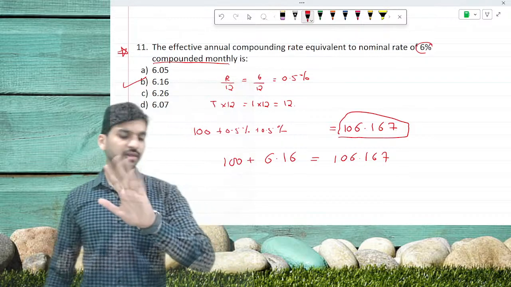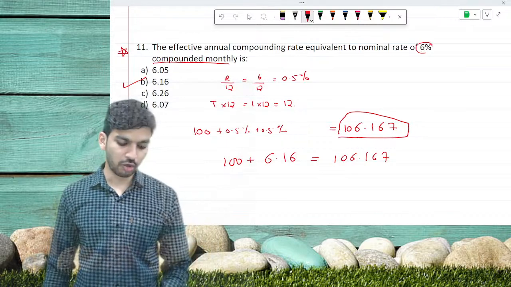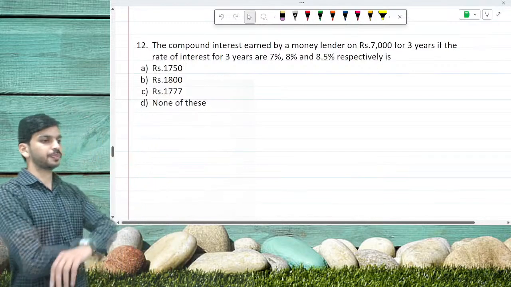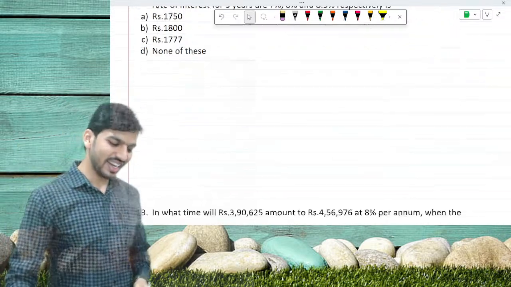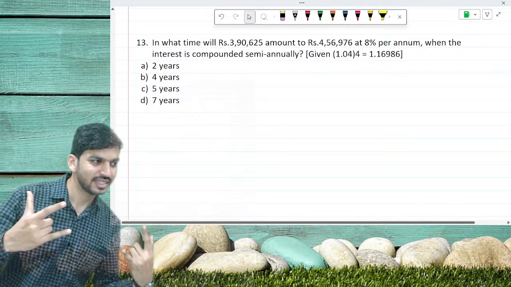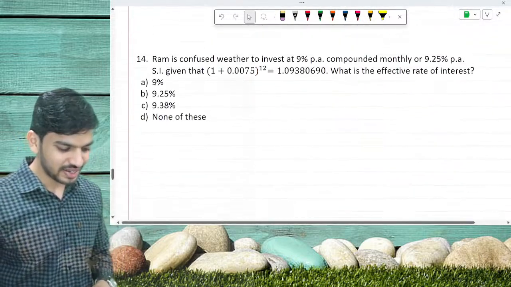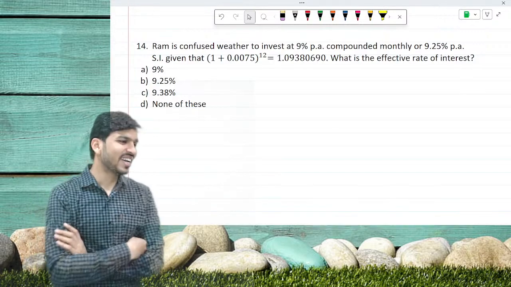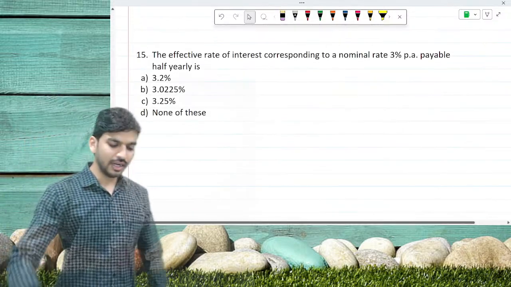Yes, so next 5 questions. 5 questions, guys, are for your homework. Do take a screenshot of it. Question number 12. Done. Okay. Next, question number 13. Done. Taken a screenshot. Let's go for the next, question number 14. Okay, good. And next, question number 15.